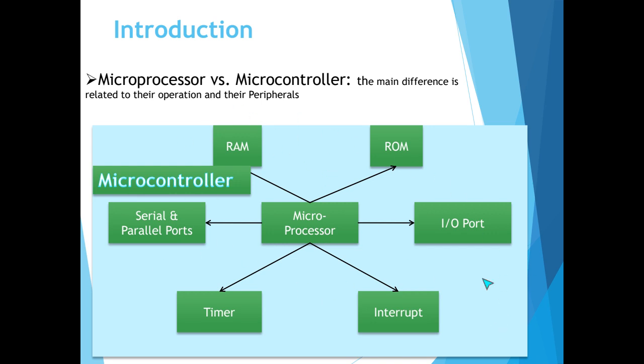All of them are placed in one chip, meaning that our microcontroller not only includes a microprocessor, which is considered the brain of our single chip, but also different peripherals such as input output ports, interrupt, timer, serial and parallel ports, and different types of memories such as random access memory or read-only memory.